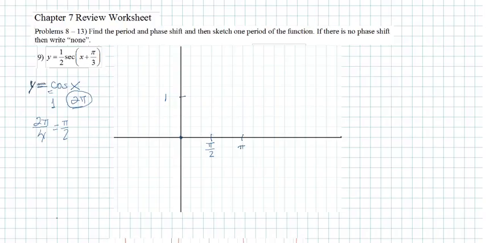Then another pi over 2, that's 3 pi over 2. And finally we have 4 pi over 2, which is 2 pi. So again, 2 pi is the period when we have no coefficient in front of x.